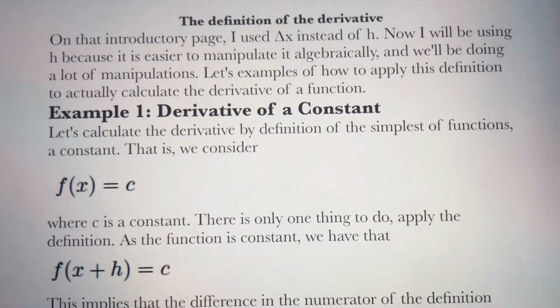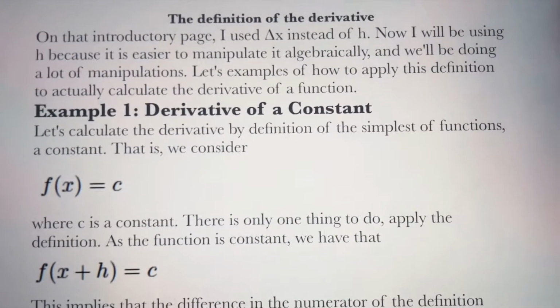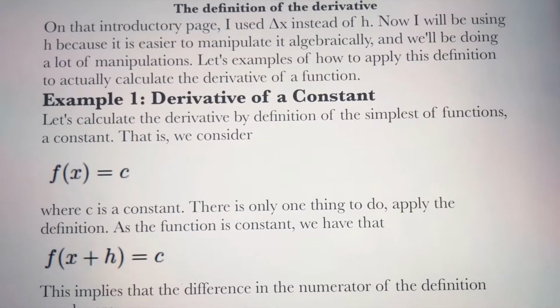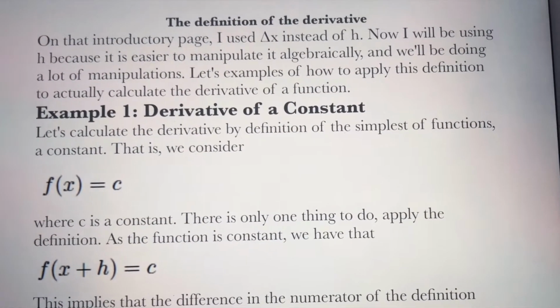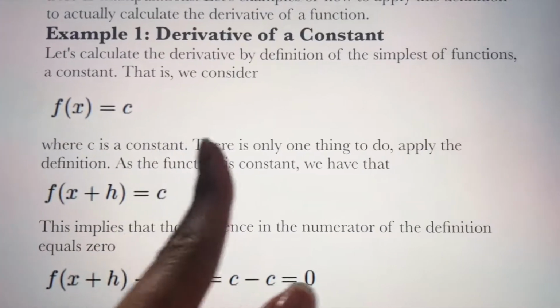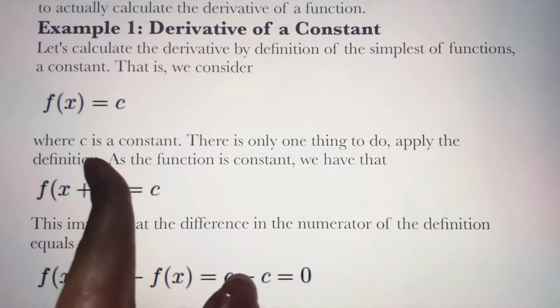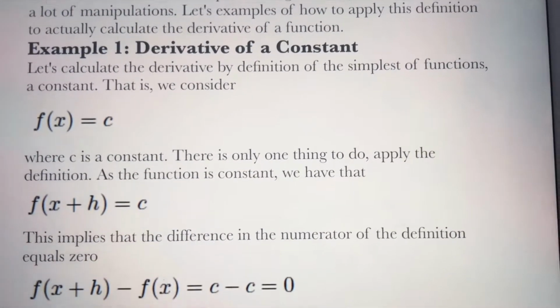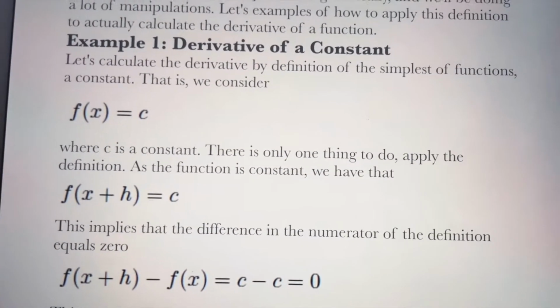The derivative of a constant. Let's calculate the derivative by definition of the simplest of functions, a constant. We consider f of x equal to c, where c is a constant. There is only one thing to do: apply the definition.